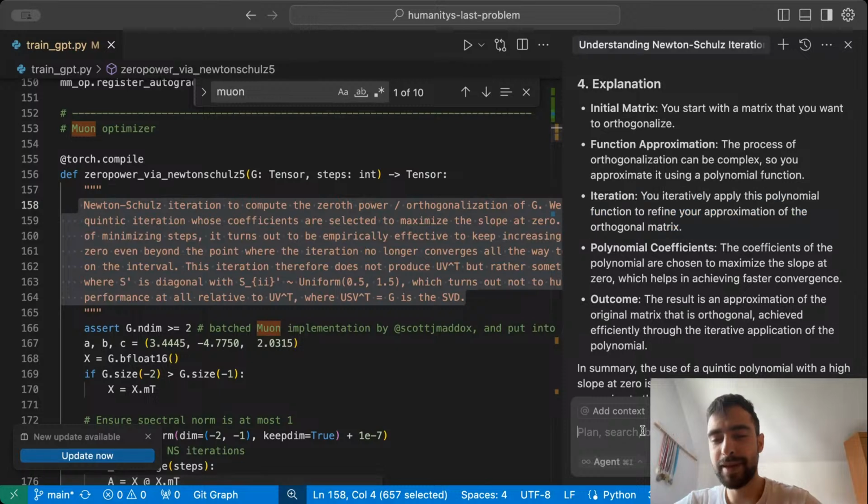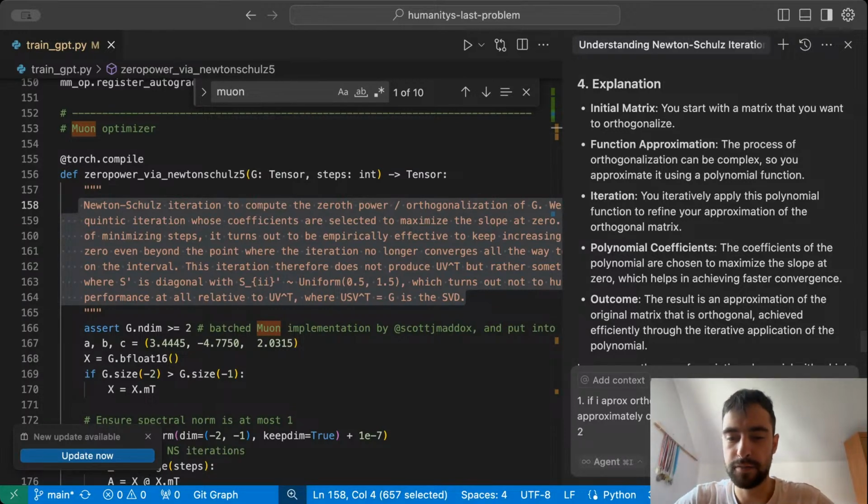Wait. It doesn't make any sense. Okay, first of all, if I approximate orthogonalization, is the final matrix then approximately orthogonalized? Also, second question.